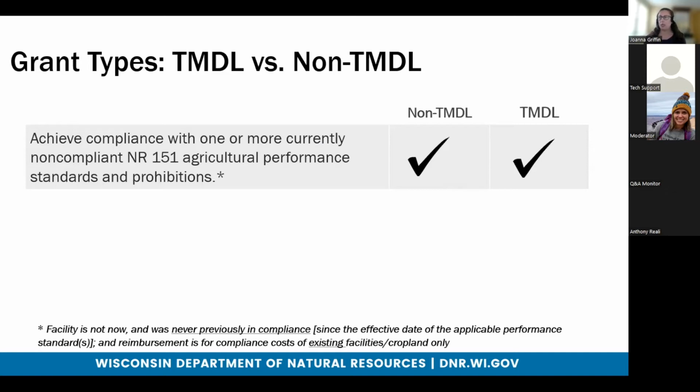And reimbursement is for compliance costs of existing facilities and croplands only. Oftentimes, however, NR 151 compliance is part of implementing a TMDL. So non-TMDL TRM grants must address NR 151 noncompliance. TMDL TRM grants may address NR 151 noncompliance if doing so is required to implement the TMDL.